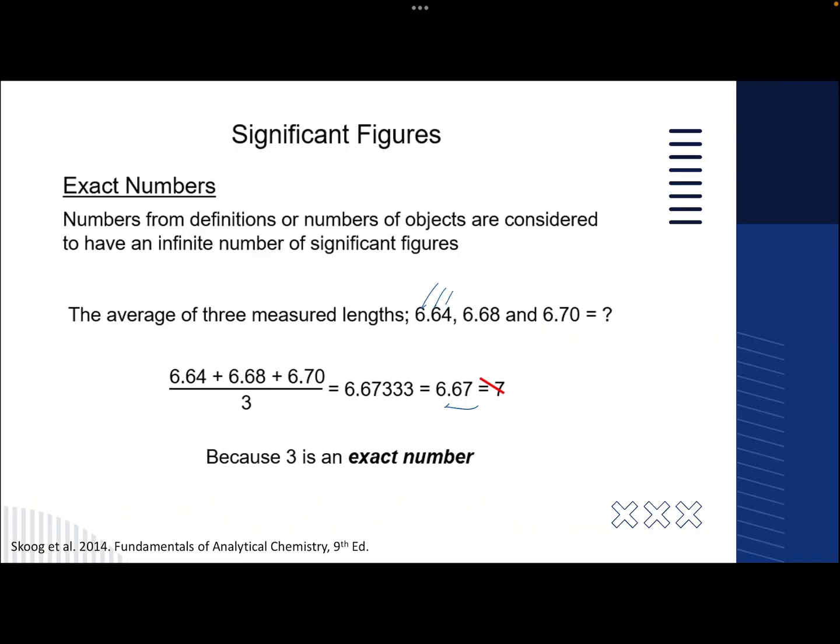Molar masses also have infinite significant figures. So if we have a calculation, we must follow the number of significant figures in the given.